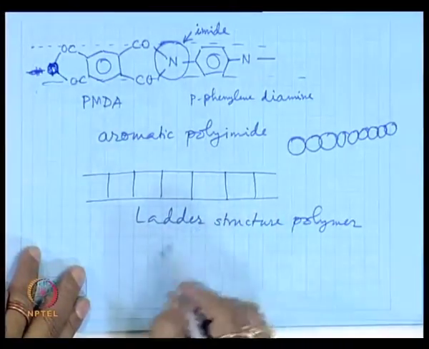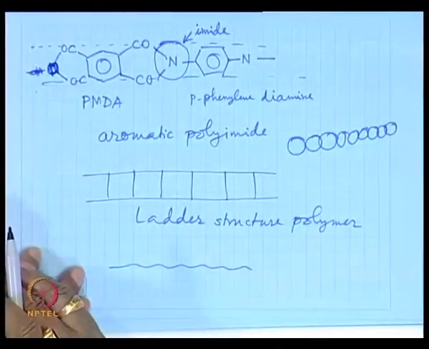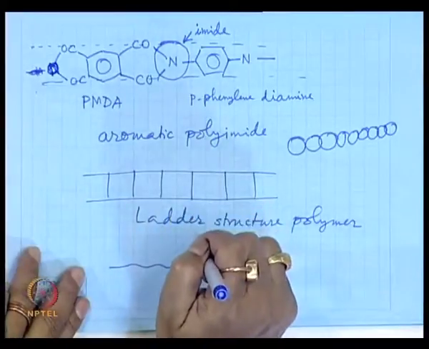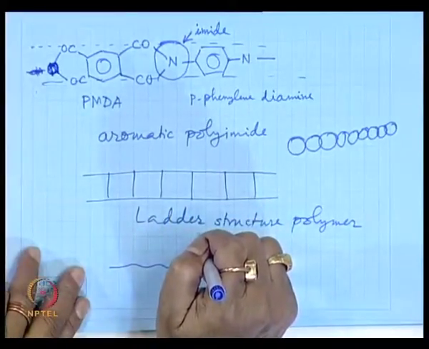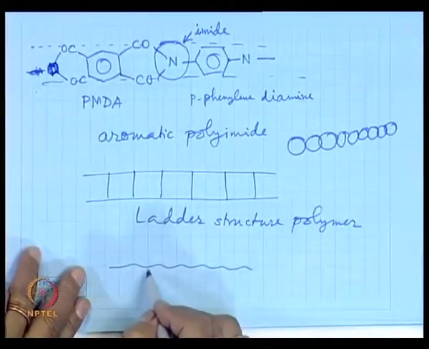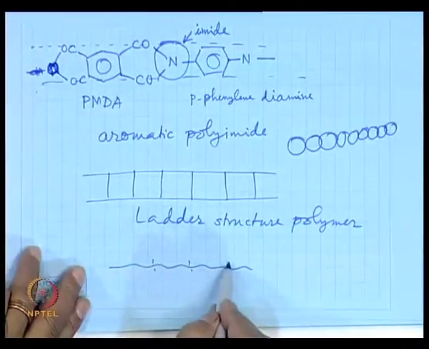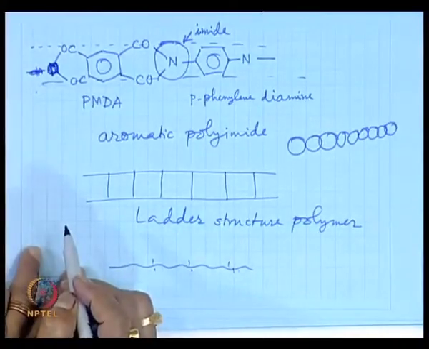In case of polyethylene, what you have seen? A single strand. That is why that is flexible, but these polymers are very rigid, stable to very high temperature because of this. If thermal energy is applied to a single strand polymer, it can break anywhere along the carbon backbone chain.